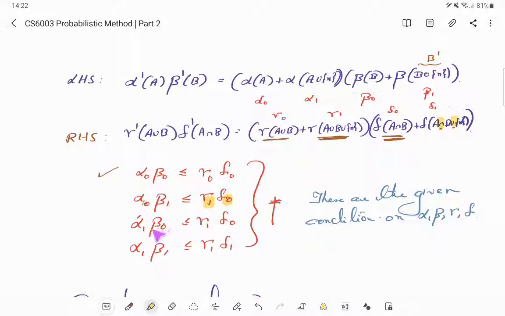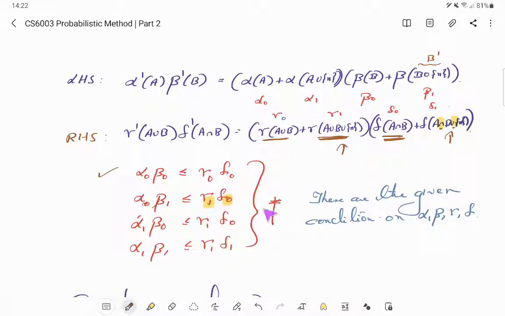Now similarly, you can verify alpha 1 beta 0, which is also the same, and alpha 1 beta 1. Alpha 1 beta 1 would contain N in both cases, so for both the intersection as well as the union you pick from sets which contain N, and hence it will be gamma 1 delta 1. Whereas if only one of them contains N, then delta will always be delta 0, because N will not be in the intersection, and gamma will always be gamma 1, because the union will contain it.